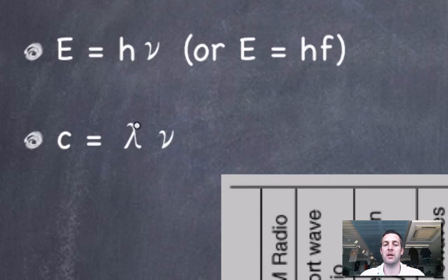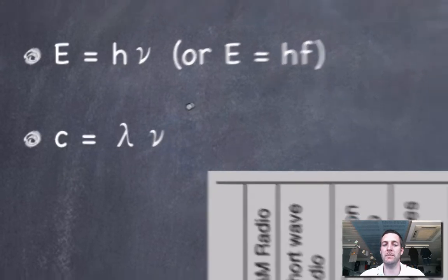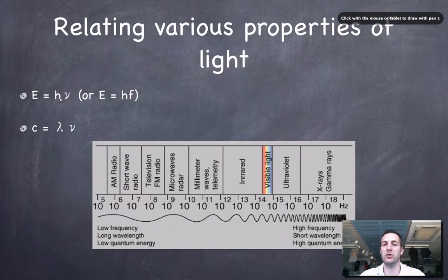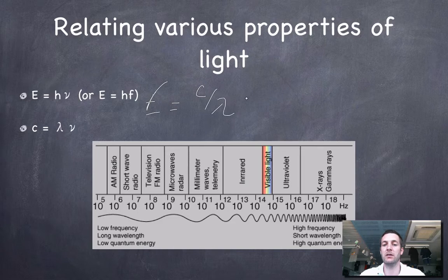In other words, the wavelength multiplied by the frequency. And you can see that if E equals h nu, or hf, then E is also equal to, well, what's the frequency? c over lambda multiplied by Planck's constant. So the energy of the light is related not only to the frequency of the waves, but to the wavelength.